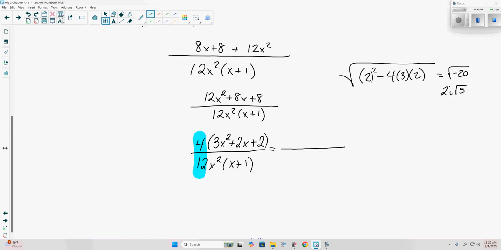If I factor the 4 out on top, it factors out completely on top, leaving us with our 3x squared plus 2x plus 2. It factors out of our 12, reducing it from 12 to 3, leaving us with 3x squared times x plus 1. And that's what we're left with here.